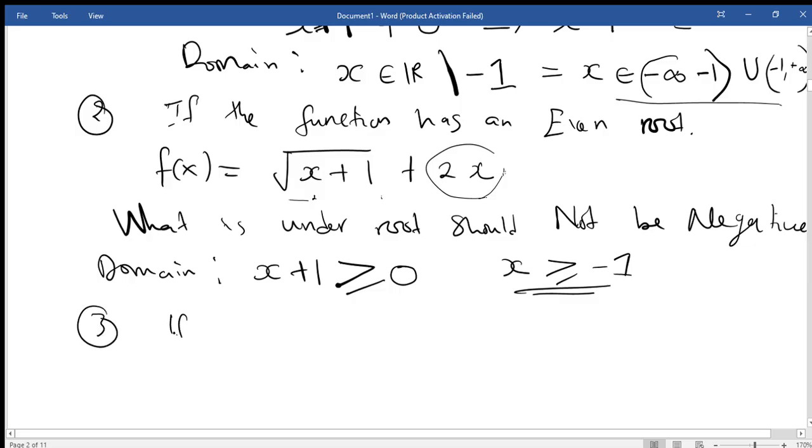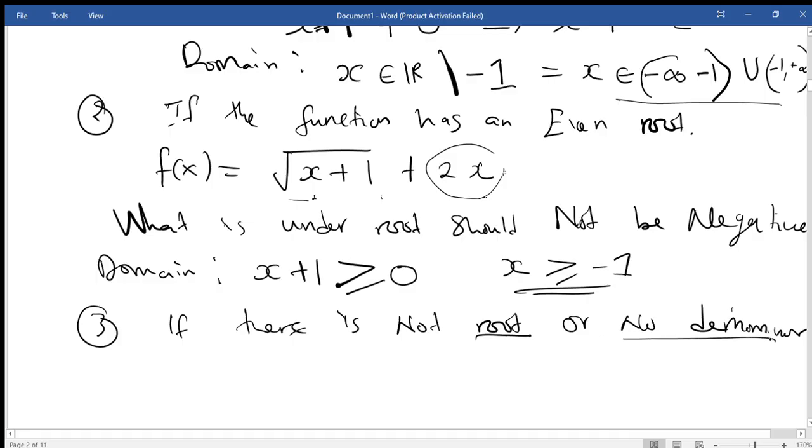If there is no root or no denominator, just know to say the domain is all real numbers. That's one thing you have to understand. That's the concept which is there.